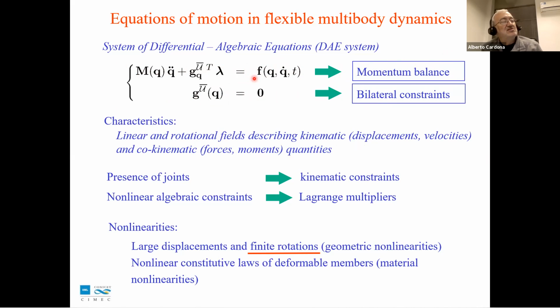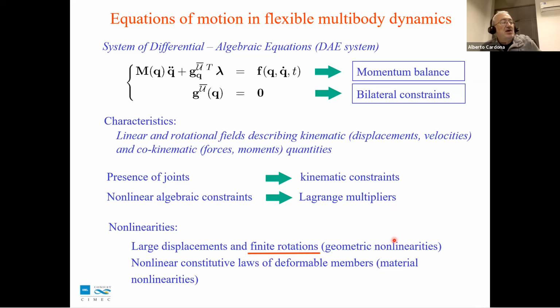This system is a nonlinear system of differential algebraic equations. These nonlinearities are mainly here. The constraints can also eventually be nonlinear. The characteristics are essentially that we have joints, which introduce the kinematic constraints. There are nonlinear algebraic constraints, which are modeled using Lagrange multipliers. And essentially these kinds of systems have large displacements and finite rotations, which is known as geometric nonlinearities.